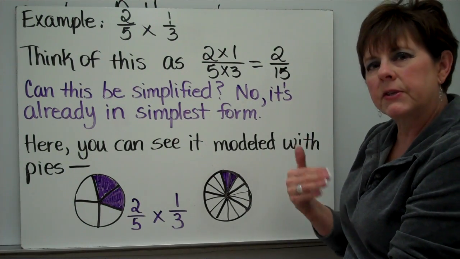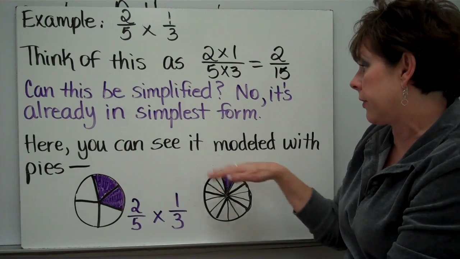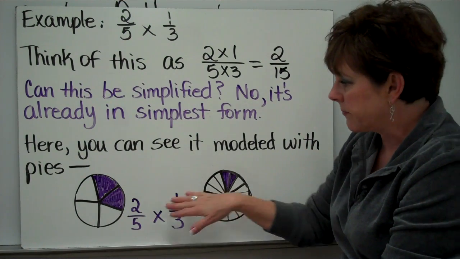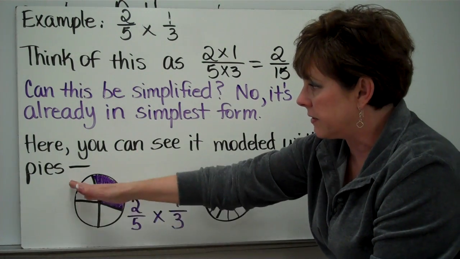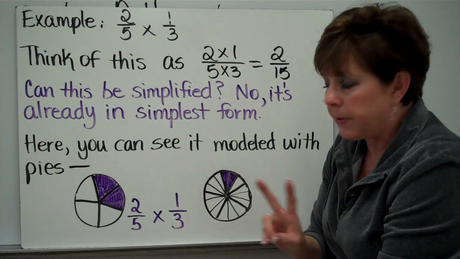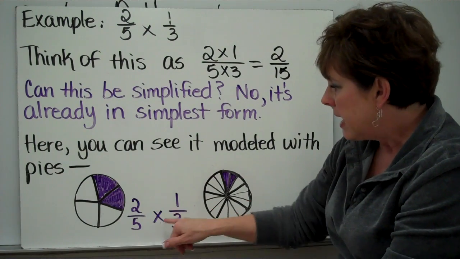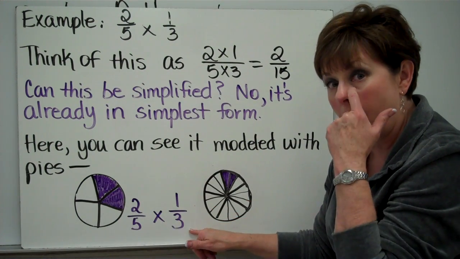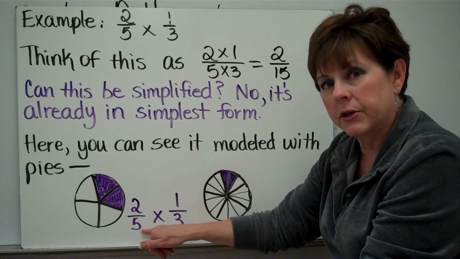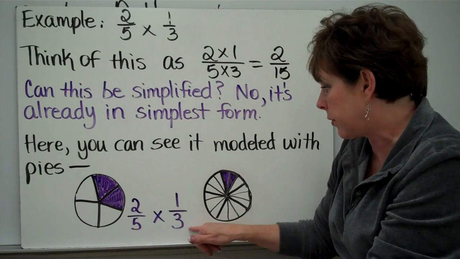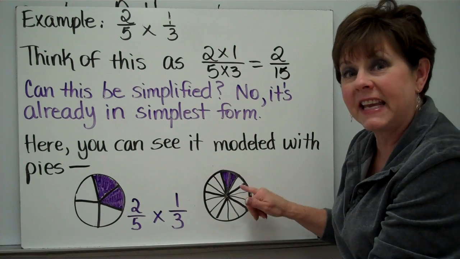Now, if you want to see what this looks like with a model, here you can see it modeled with pies. Here is 2/5. You can see the pie has been divided into 5 pieces, and 2 of the pieces have been shaded in. Now, we're going to multiply that by 1/3. Well, now the denominator is no longer 5, because 5 times 3 would be 15.